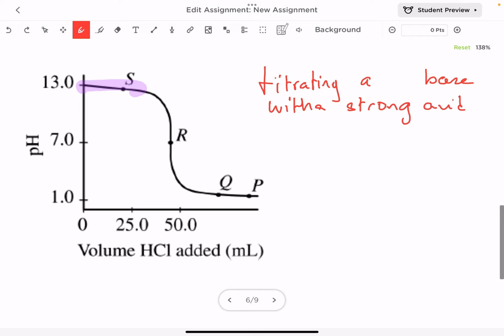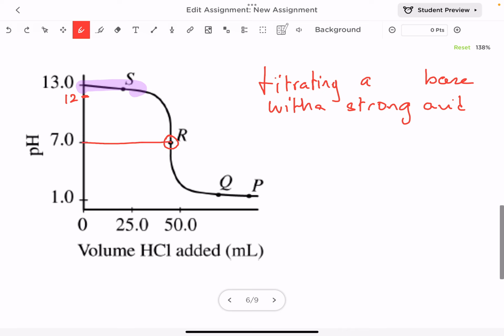Now, how is the curve starting? Is there a slight drop, or is it going almost in a straight line? Is it starting from above 12 or below 12? Is the pH at equivalence equal to 7 or not equal to 7?